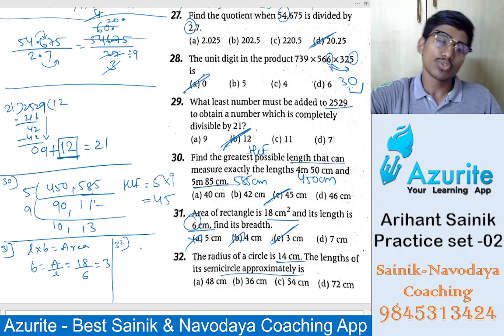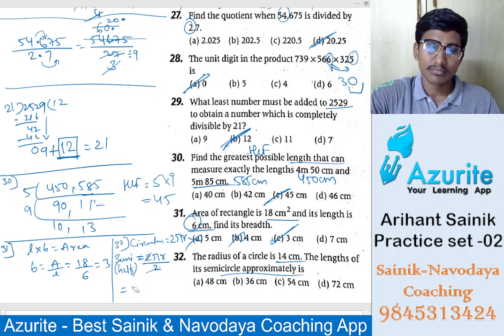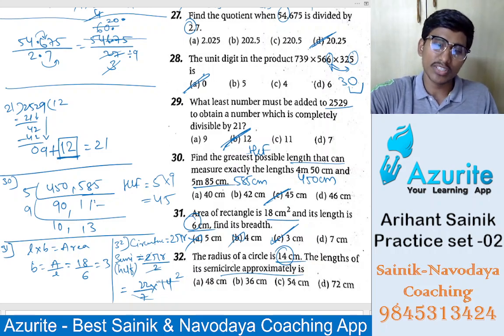Semi means half, so we have to divide 2 pi r by 2. 2 cancels. So it will be pi r. Right? Pi means 22 by 7 into r. Radius is how much they are given? 14. So 22 by 7 into 14. 7 2s are 14. 22 into 2 is how much? 44.